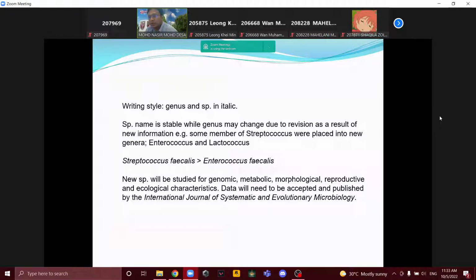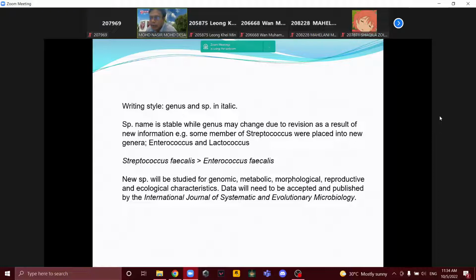What is the good information that we can get when we are able to see at the DNA level, when we understand the whole genomic contents? When we correlate with our naming systems, with the taxonomy system, for example, Streptococcus pneumoniae, there are many serotypes.